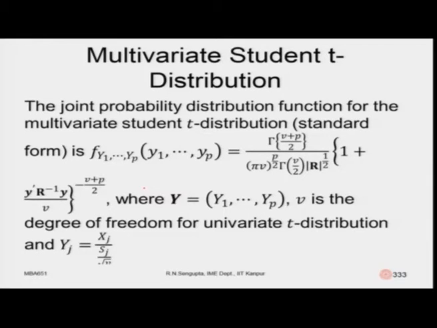Here, V is the degrees of freedom, where you had n earlier. Each of y1, y2, y3 is a univariate t distribution with V degrees of freedom, and you remember how we obtained the t distribution.